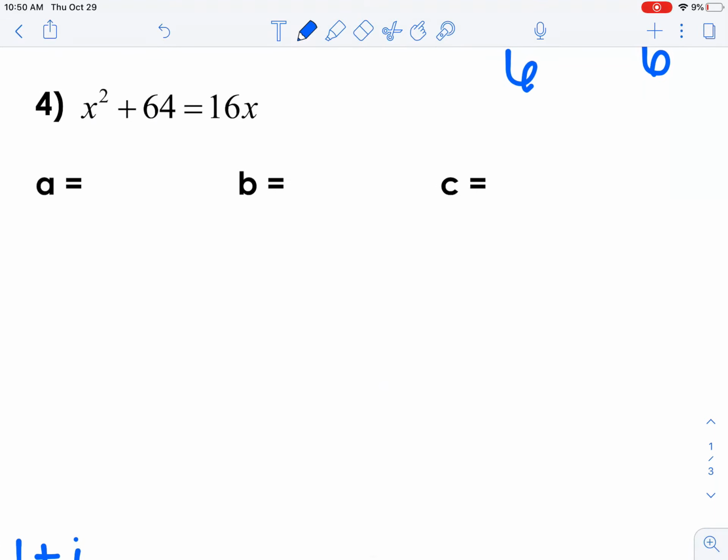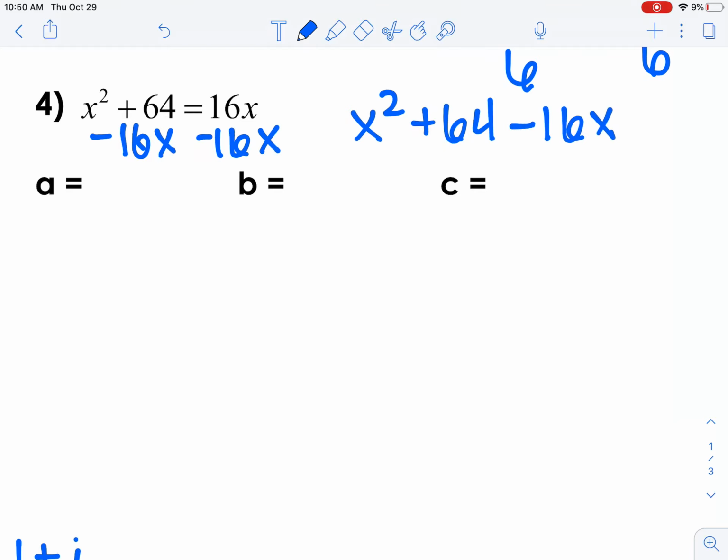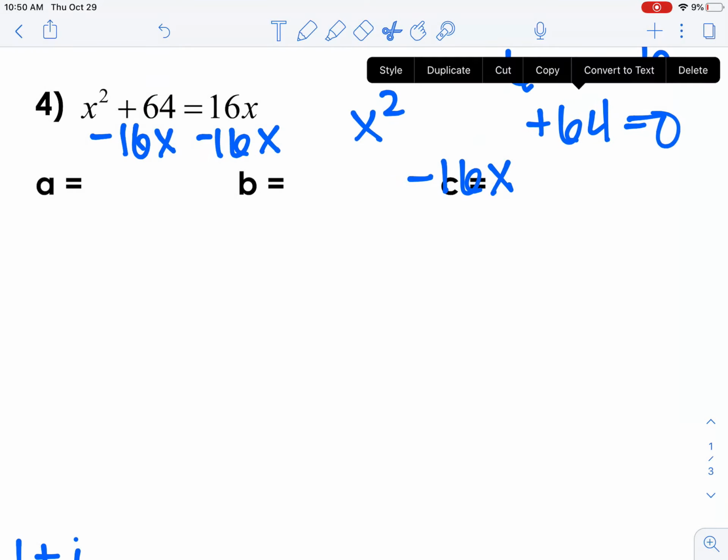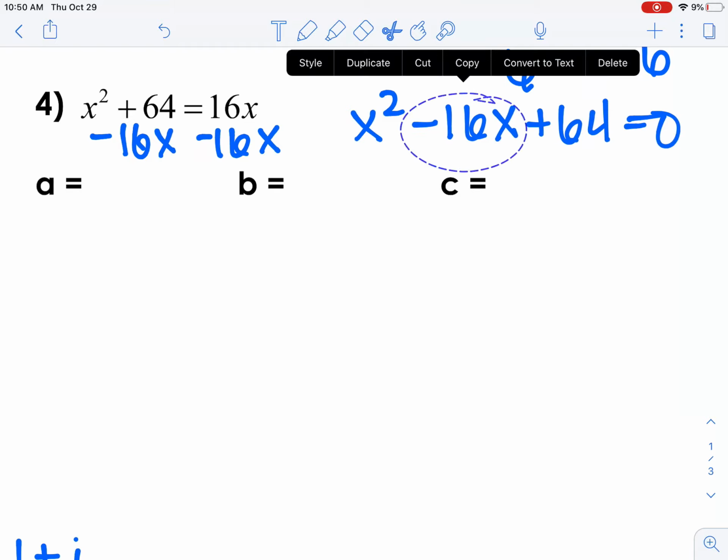Okay, in this last one, we've got our B term over here on the right-hand side, so we need to subtract that. So our equation here is x squared plus 64 minus 16x is 0, but remember B switches with C, so it's in the middle.